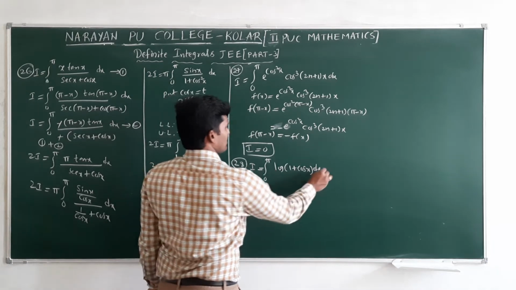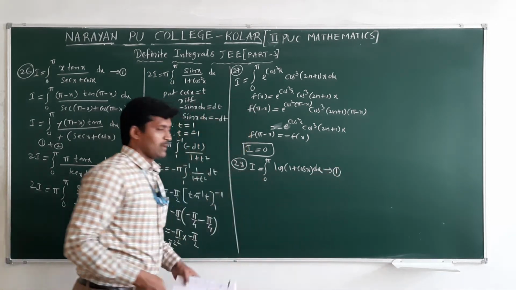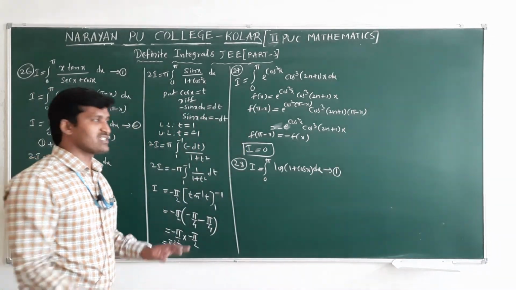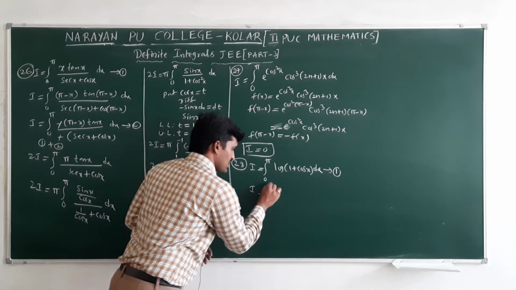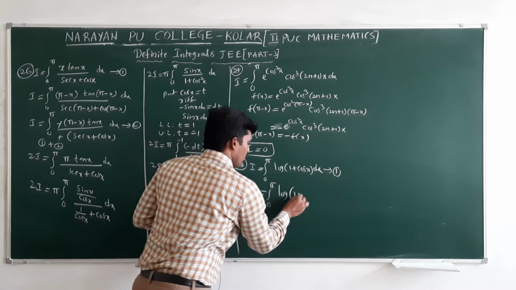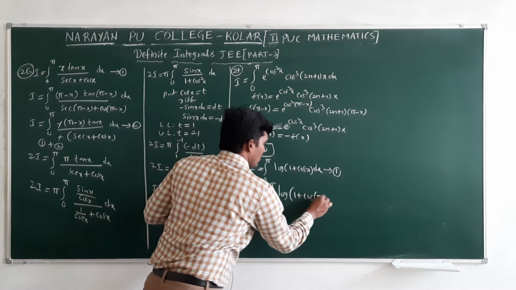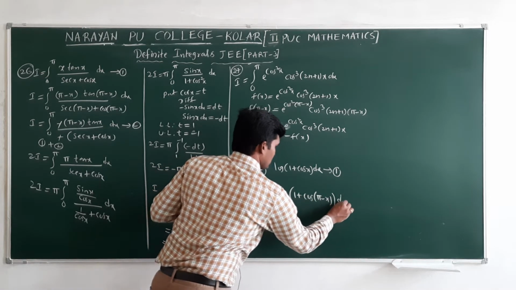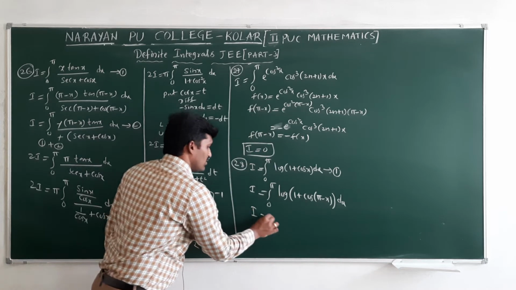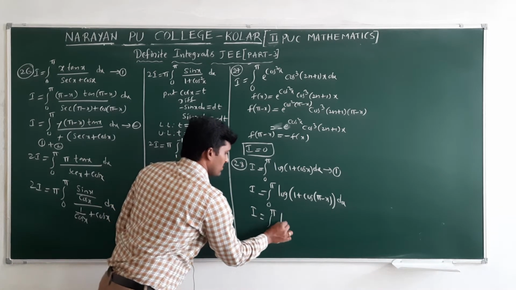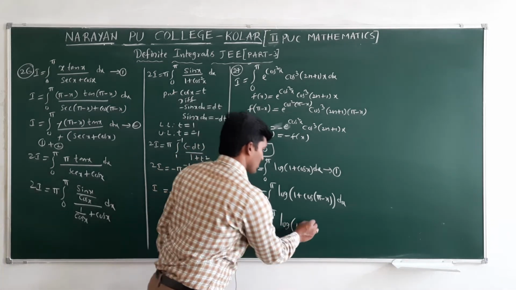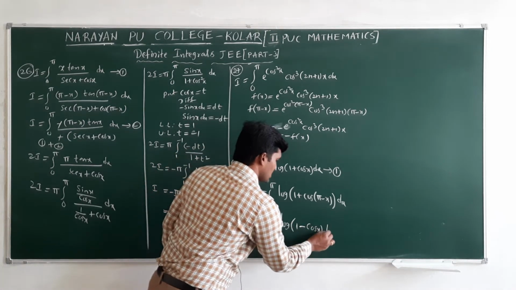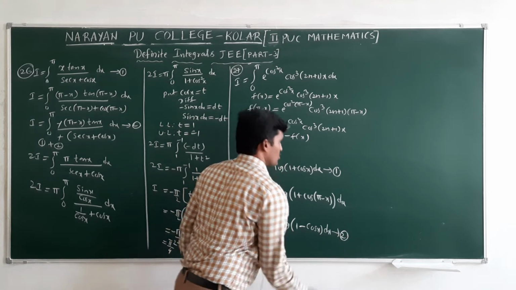I'll consider this as I. I'll apply the property integral 0 to a f of x dx equals integral 0 to a f of a minus x. So log of 1 plus cos of pi minus x dx. That is I equals integral 0 to pi log of 1, cos 180 minus theta is minus cos theta only, so minus cos x dx. This is equation number 2.